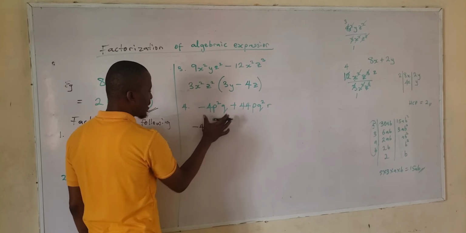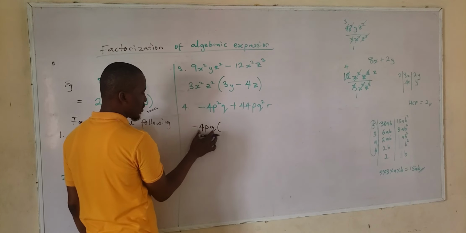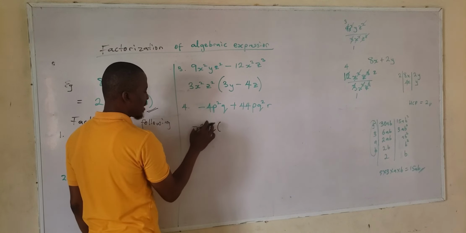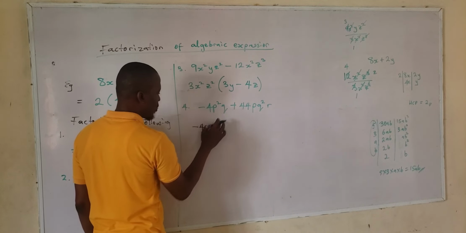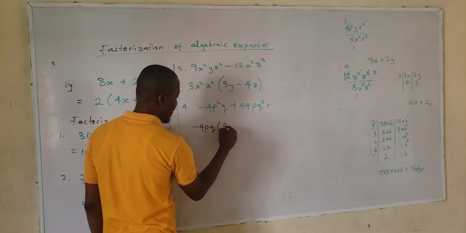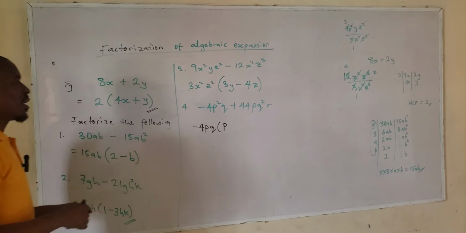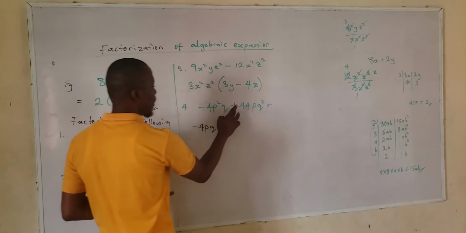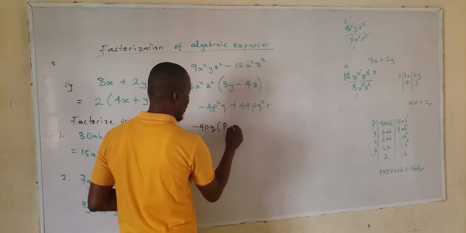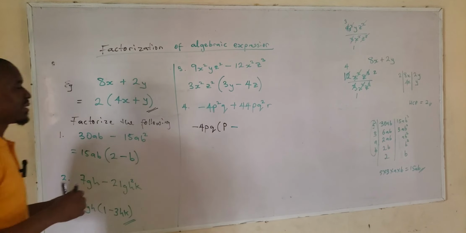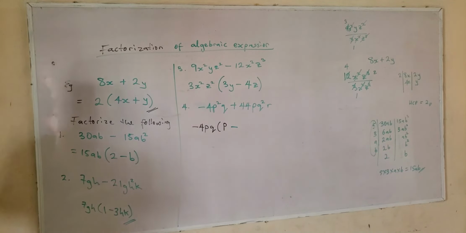So what do we have? This divided by this. Minus 4 will cancel this, it will cancel one of these, and q will cancel q. So I have only one of the p remaining. Instead of writing plus now, I'm going to have minus. That's what I said, that the sign is going to change.